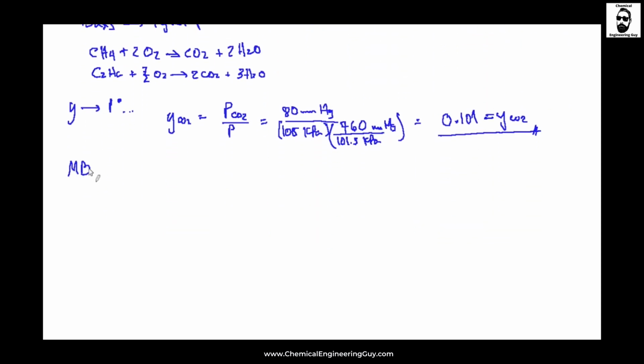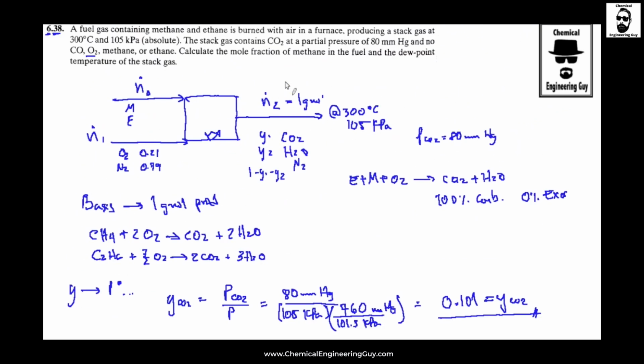Now, we're going to do mass balancing with reactions. Let's do mass balancing in the reactor or the furnace to get N1 and Y1 and everything that is left. So I'm going to suppose it's 100% combustion, so the total amount of moles at the end is equal to 1.